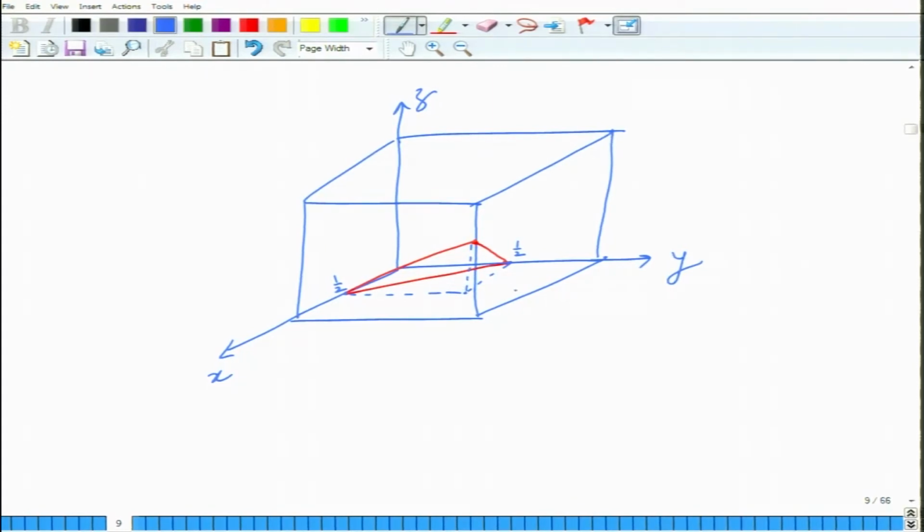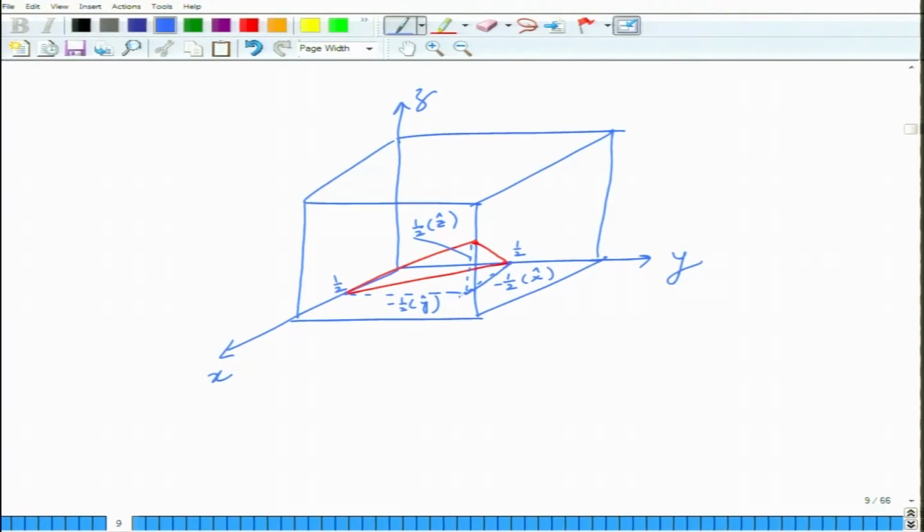If you choose this point, it is located at minus half along x, minus half along y, and plus half along z.